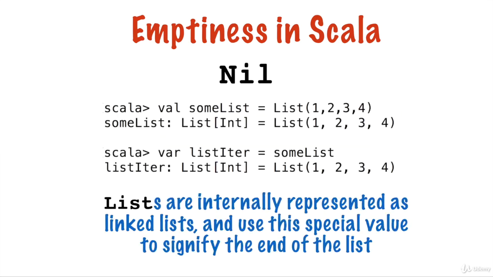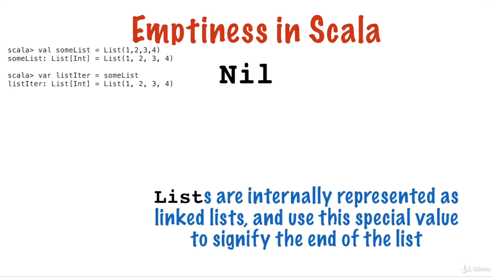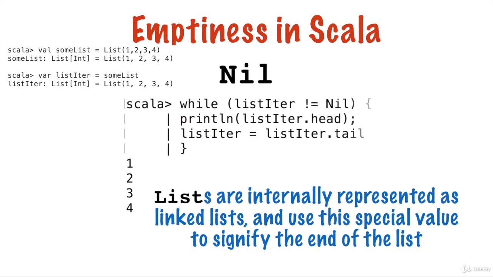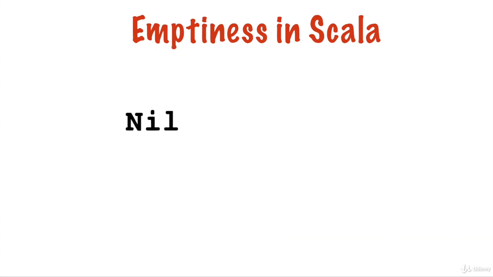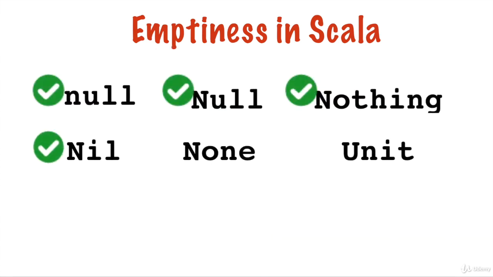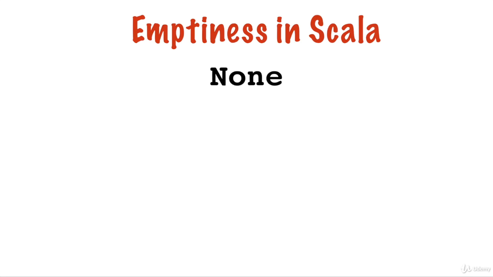Basically, just remember this: lists are internally represented as singly linked lists, and Nil is a special value which is used to signify the end of the list. Because of the importance of the List class in Scala, the Nil value is also pretty important. Remember that Nil is a singleton, it is of type List of Nothing.